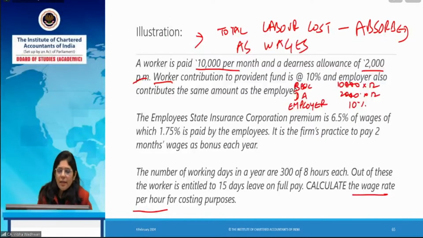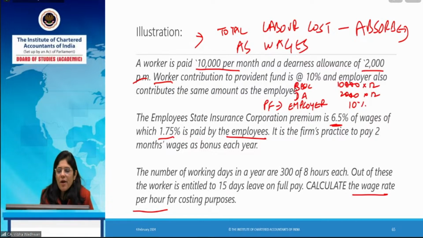Clear? The Employee State Insurance premium is 6.5% of the wages, of which 1.75% is paid by the employee. Again, the ESI employee contribution is given. Here also, which contribution do we have to take? The employer.